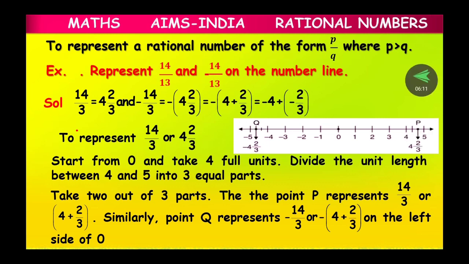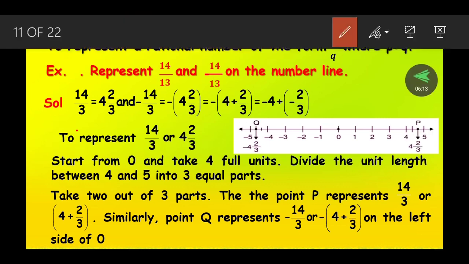Let's see this example, children. So here 14 by 3 is there. After changing into a mixed fraction, what will we get? 4 2 by 3. And minus 14 by 3 is minus 4 2 by 3. No need to worry about 4 2 by 3.